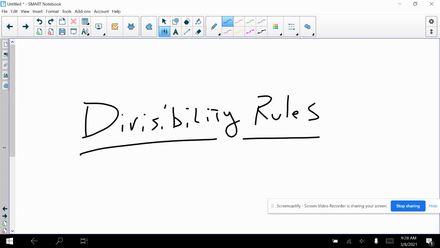Now, you may ask, well, why are we doing this? Well, we're coming up on equations, inequalities, irrational numbers, rational numbers, and this is going to help you quickly identify numbers that are divisible by other numbers.